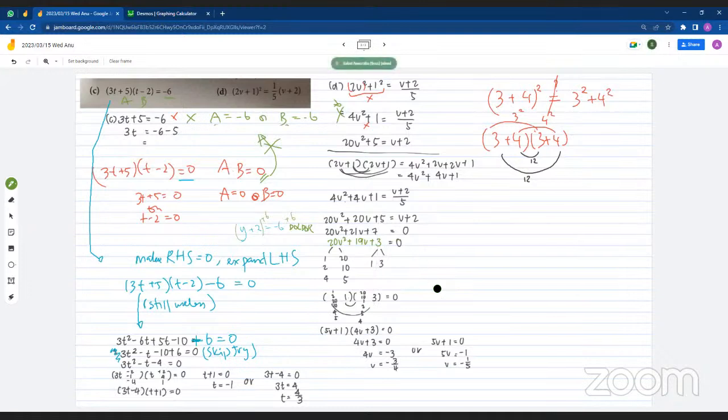How is it? Oh, 1 sec. It doesn't work for some reason.